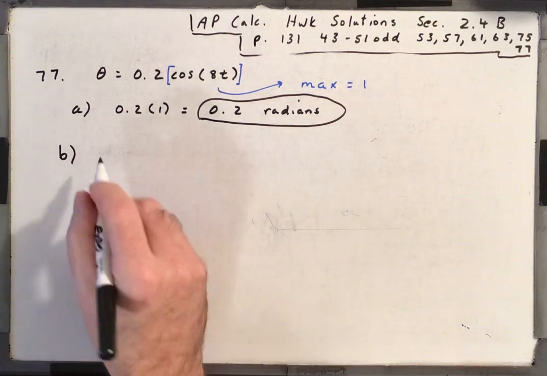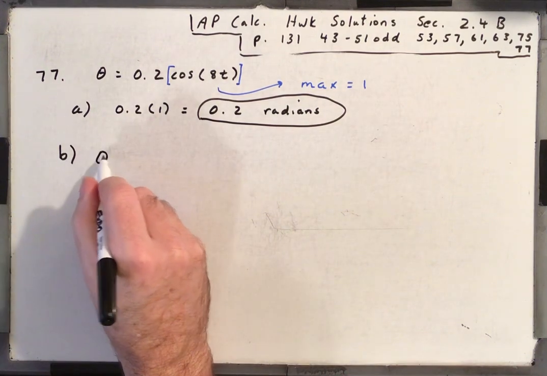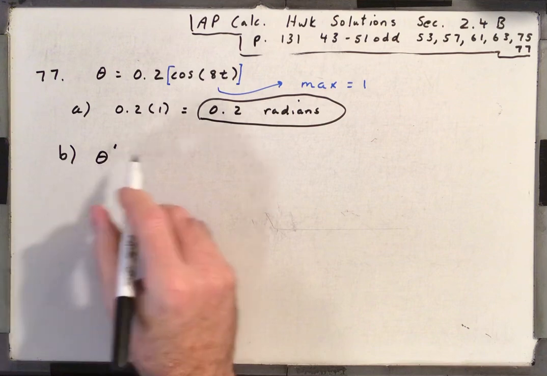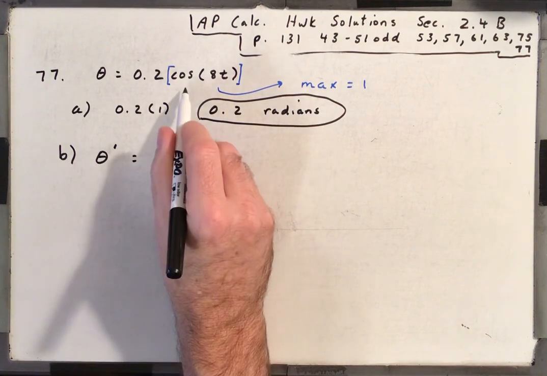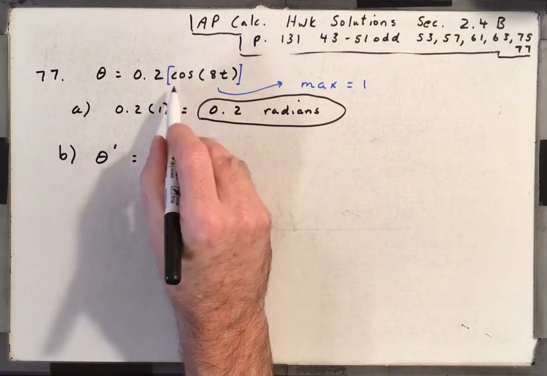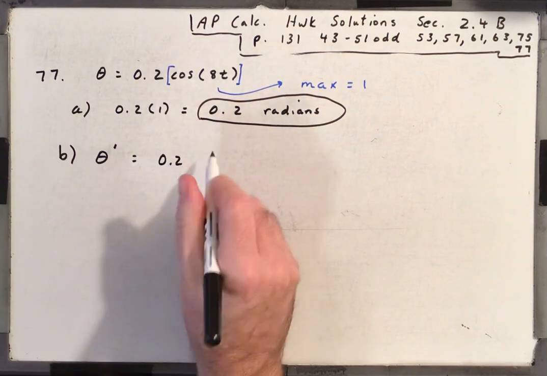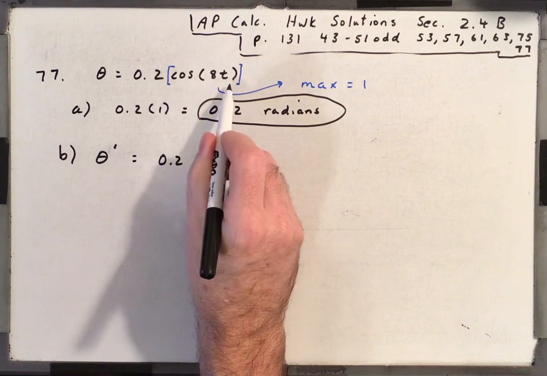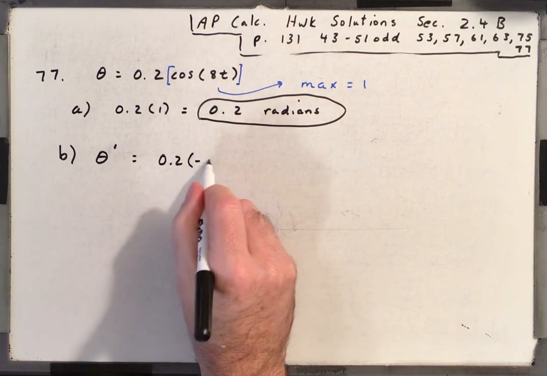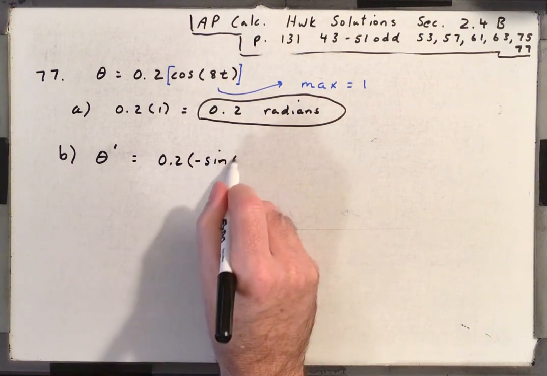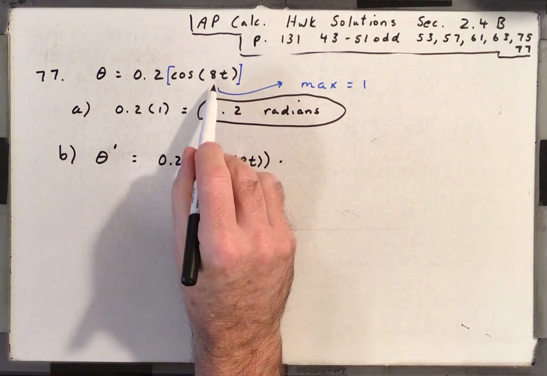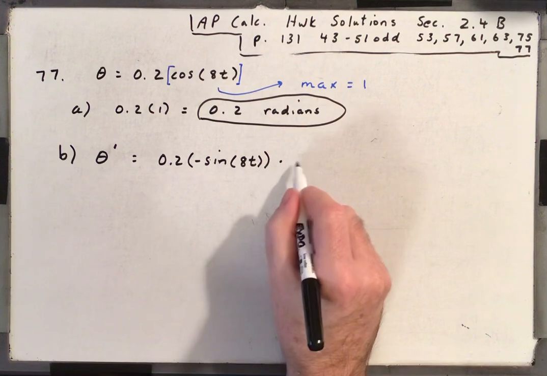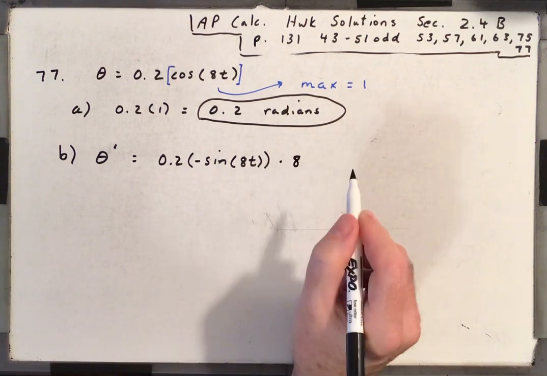Now part B, we're actually going to find the derivative for rate of change. So theta prime is going to be 0.2, and the outer function is cosine 8t, so times negative sine 8t times the derivative of the inner function, which is 8t, so that derivative would be 8.